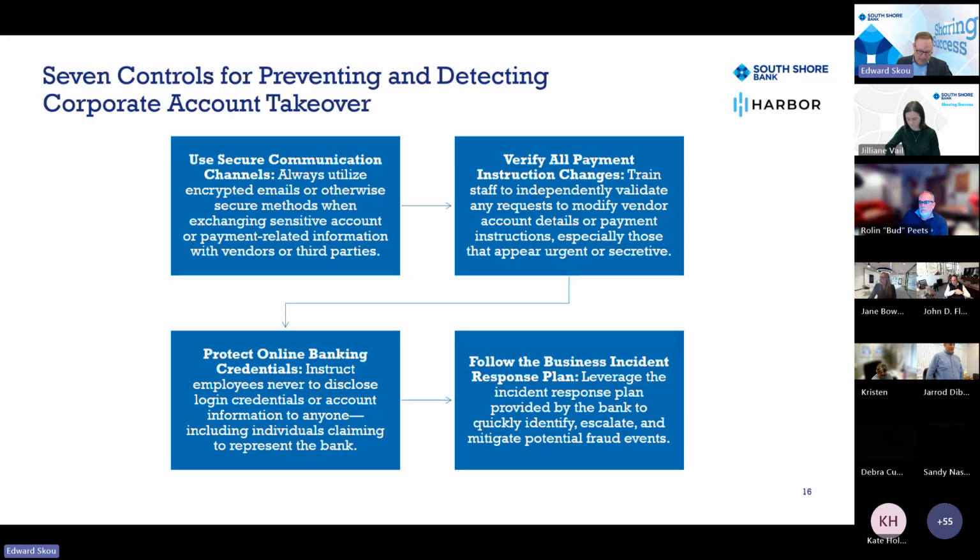The other piece is never to disclose login credentials or account information to anybody. I know that sounds basic, but it happens. I've run into scenarios where there'll be three people at a company using the same user ID. And so really with that, nobody knows what's happening.